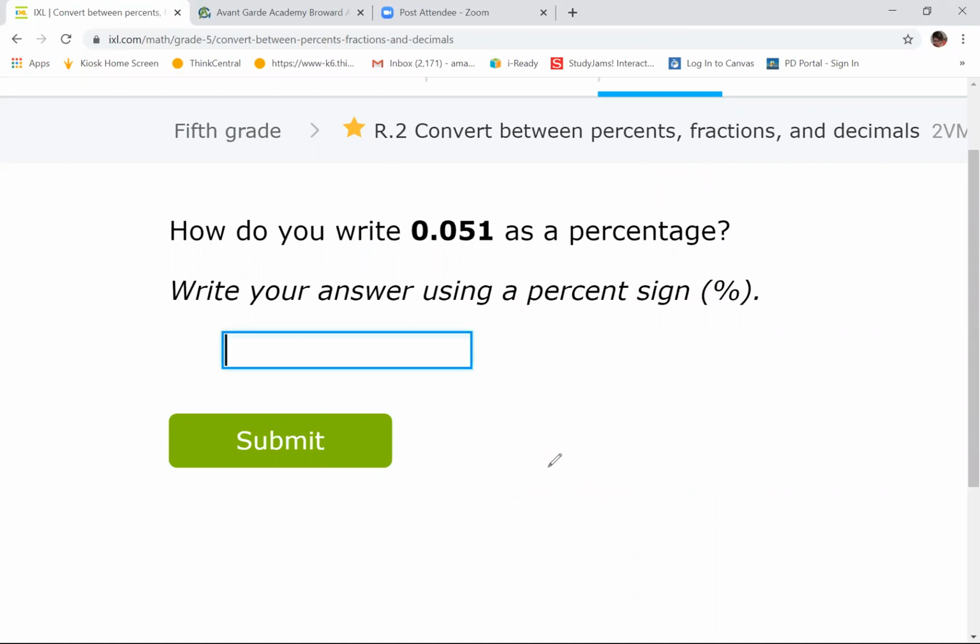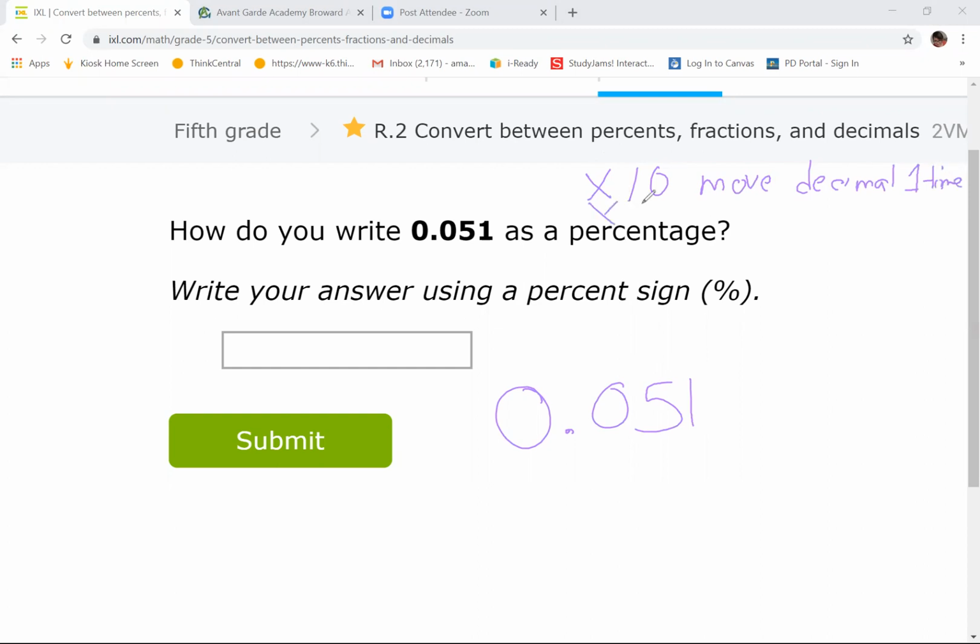Okay, how do we write this as a percentage? Ooh, this is some challenging stuff. Do you remember when we were multiplying and dividing decimals, and when you multiply times 10, you have to move the decimal one time?